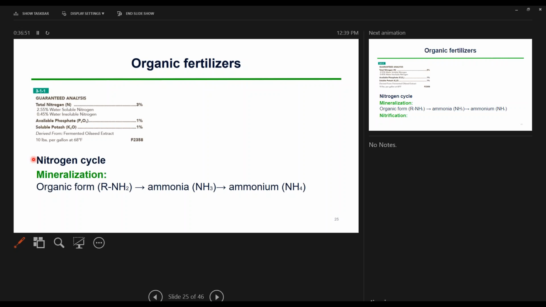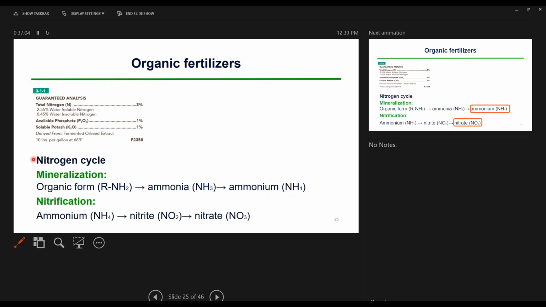So when we have a nitrogen organic fertilizer and the nitrogen cycle is at that stage, then we expect that the reaction is going to be acidic, right? But the reaction doesn't stop there, right? Ammonium will convert into nitrate. And this happens with inorganic fertilizer too, right? So ammonium, regardless of the source, will go through this as well. The big difference is that in inorganic fertilizers, this reaction goes very quickly.